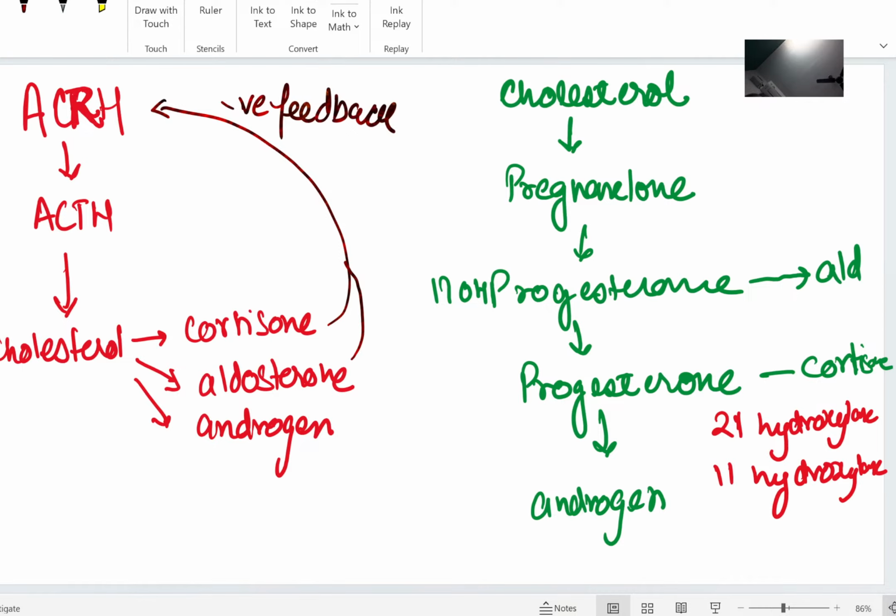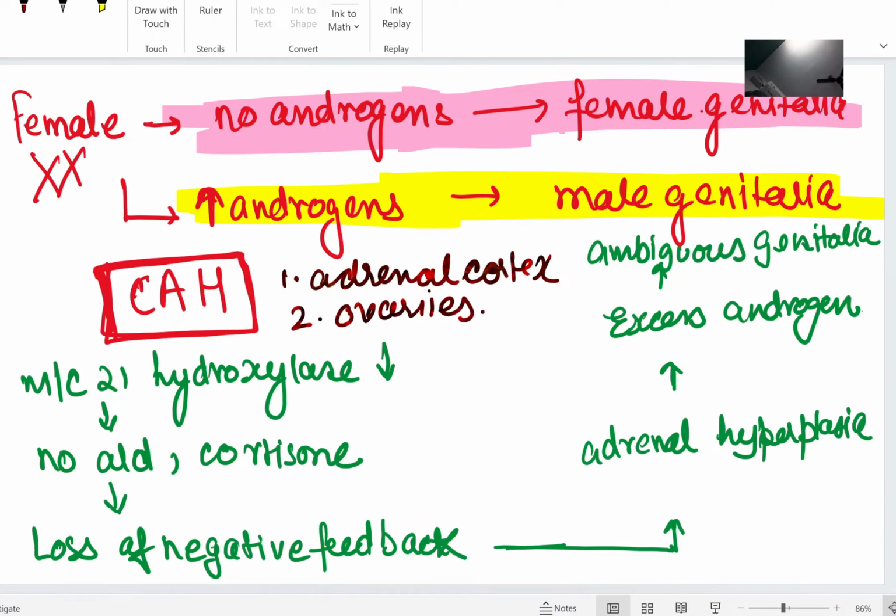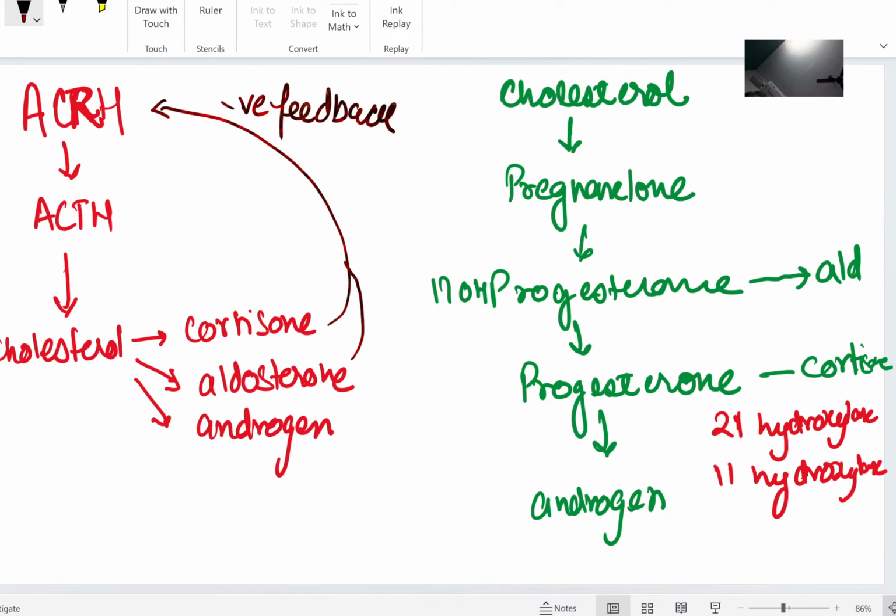The hypothalamus releases corticotropin-releasing hormone, which then releases adrenocorticotropic hormone from the pituitary.